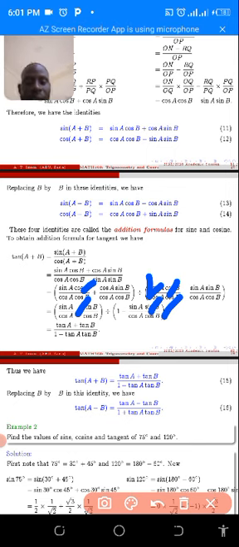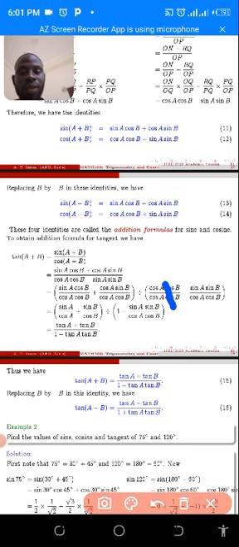So it is 1 now. Here you have 1 minus sine A over cos A times sine B over cos B, and that is equal to tan A tan B. So it is 1 minus tan A tan B.